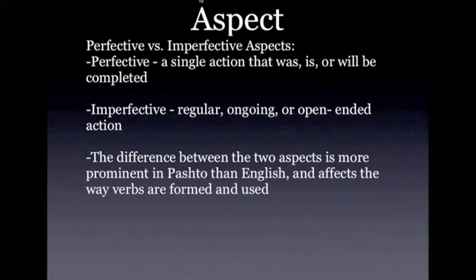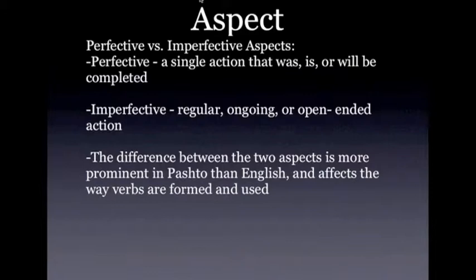The next thing we're going to talk about is aspect. Now there is perfective and imperfective aspects, and these are related to the difference between simple and progressive tenses. A perfective aspect refers to a single action that was, is, or will be completed.